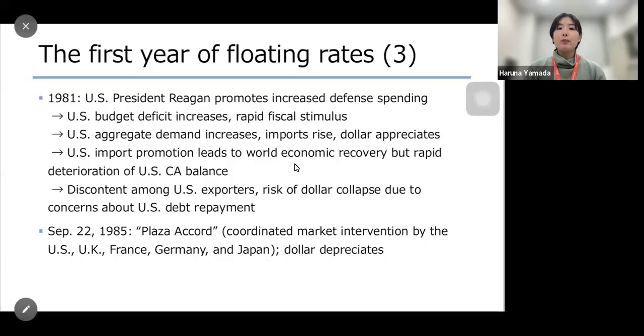On September 22, 1985, the Plaza Accord was signed. This was a coordinated market intervention by the US, UK, France, Germany, and Japan. Then, due to the Plaza Accord, the dollar depreciated. So this is the first year of floating rates.